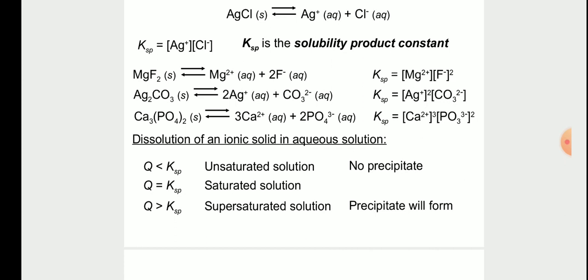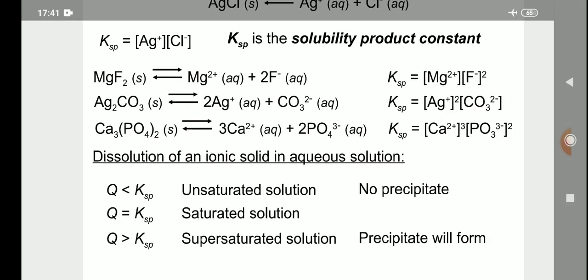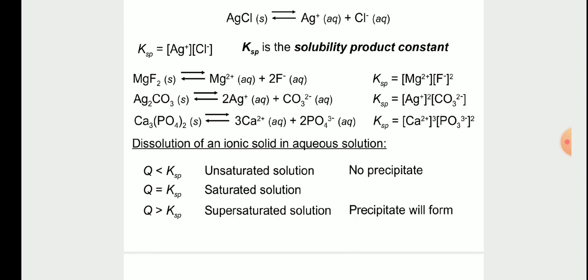So for a saturated solution at equilibrium, the product of cation and anion concentrations is basically the solubility product, denoted by Ksp. The solubility product is constant for a particular temperature. For AgCl, it is Ag plus and Cl minus. For MgF2, Ksp equals the concentration of magnesium times the concentration of fluoride squared.